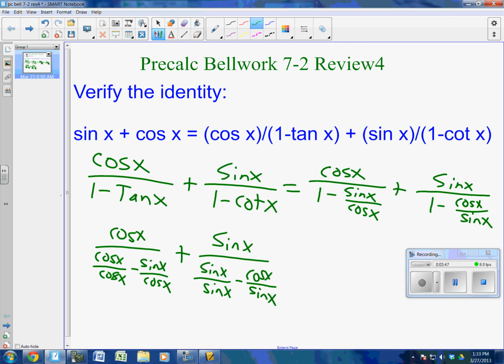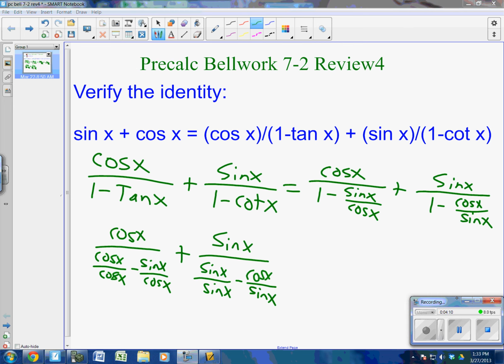You guys see what we did? Changed this 1 to cosine over cosine and this 1 to sine over sine. And when we change this 1 to sine over sine, we have a common denominator of sines. And this 1 to cosine over cosine, we have a common denominator of cosines. That allows us to do what next?